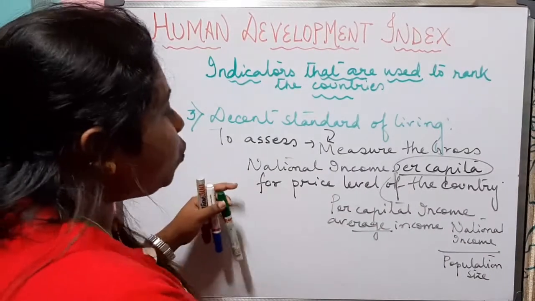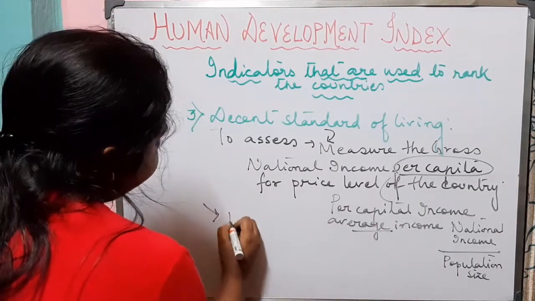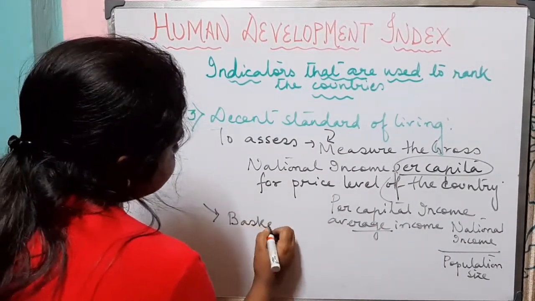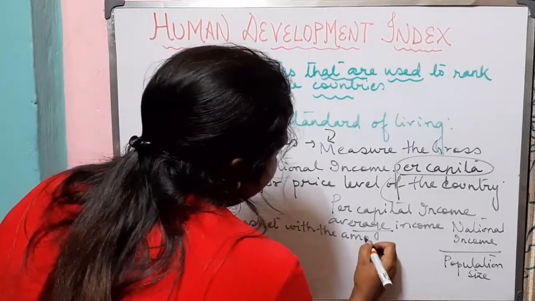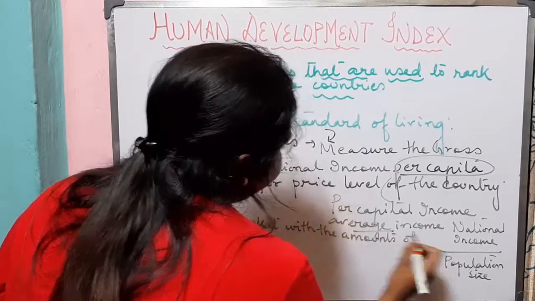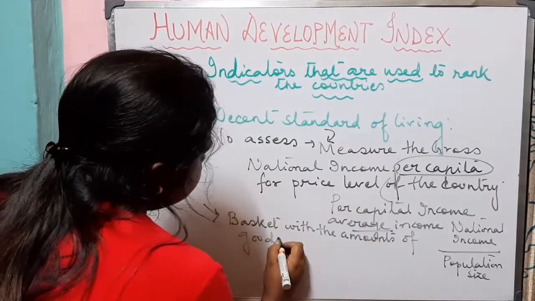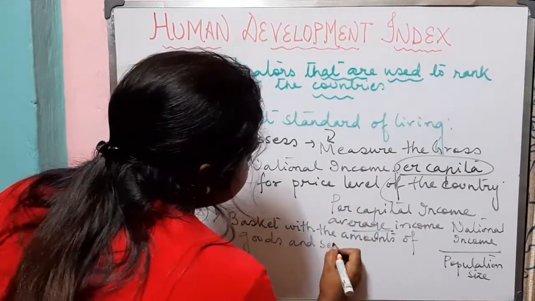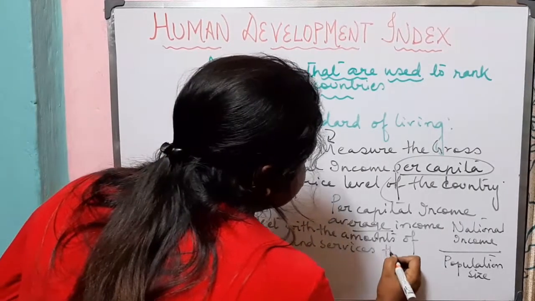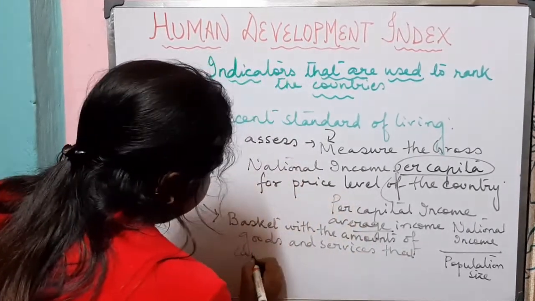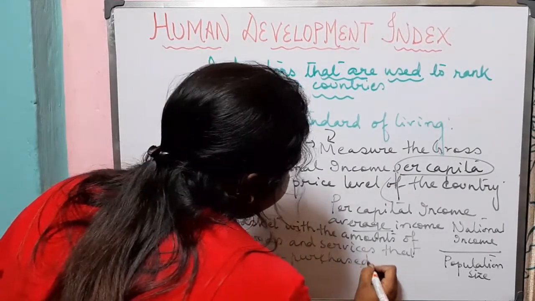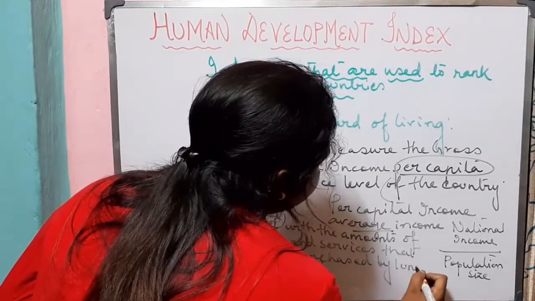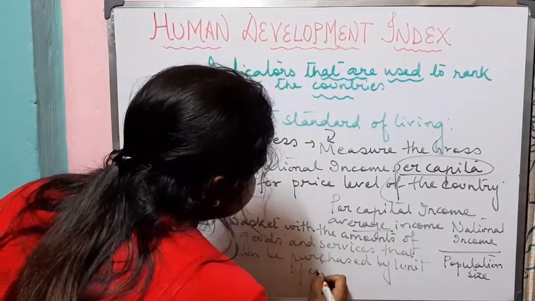Now, here what do we consider? We consider a basket with the amount of goods and services that can be purchased by 1 unit of currency.